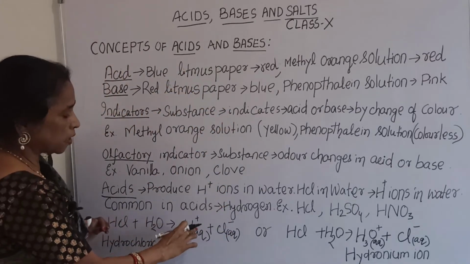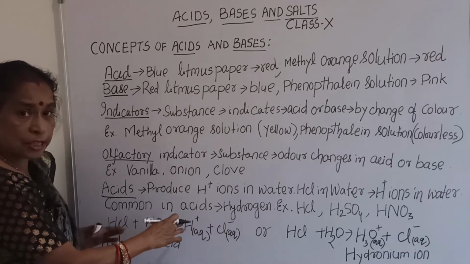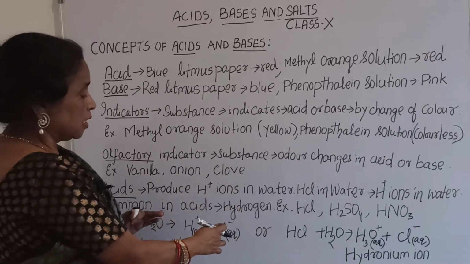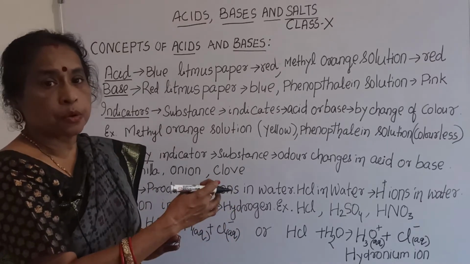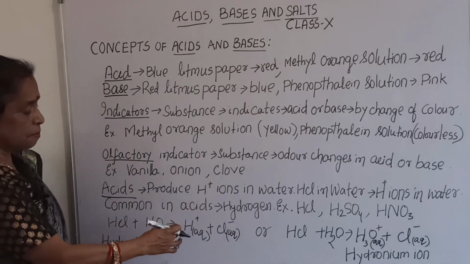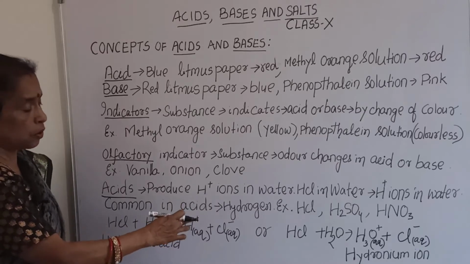So H plus aq and Cl minus aq. H plus is known as hydrogen ion, Cl minus is known as chloride ion. Why is this an acid? Because it produces H plus ion in water.